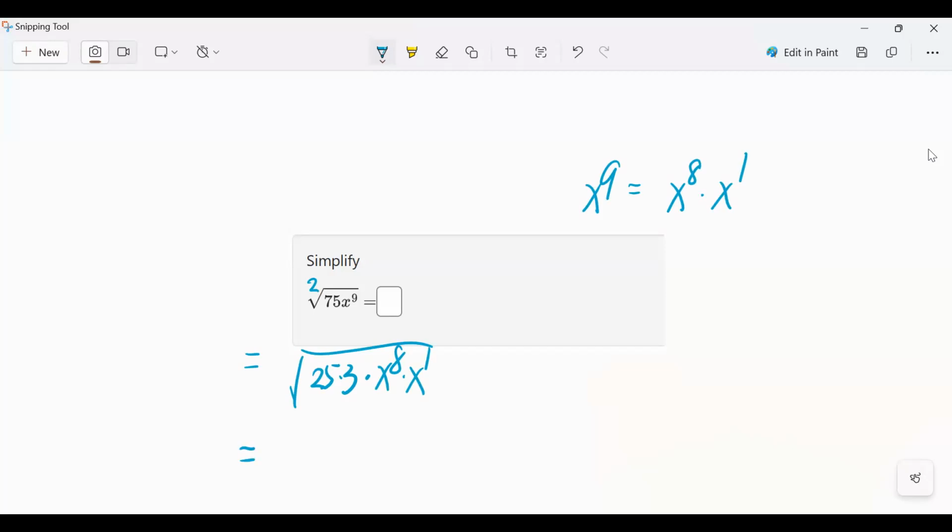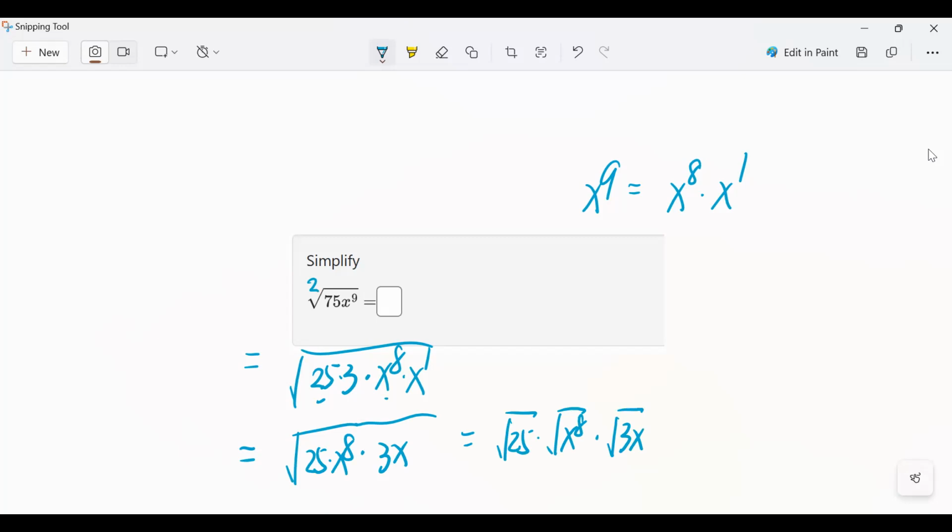So now we put the perfect number and x to the 8 together, and the other two, 3x, together. I'll split it up as the square root of 25, the square root of x to the 8, and the square root of 3x. The remaining terms, 3x, you should keep under the radical because we cannot simplify further. The square root of 25 is 5.